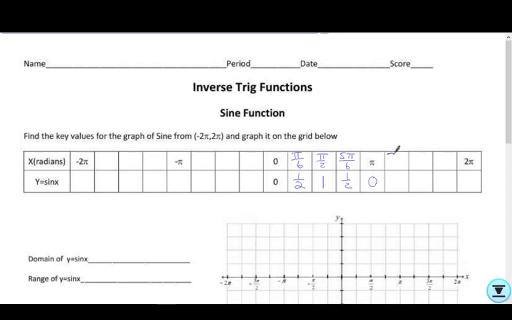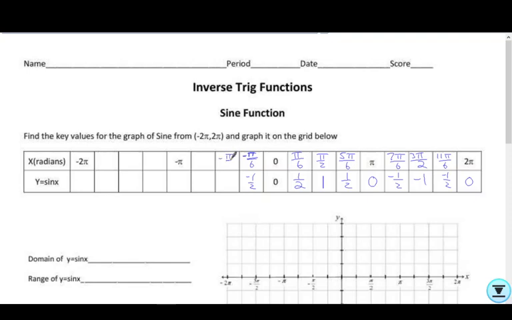So I'm going to use the pi over 6 and the quadrantals to actually come up with this chart. Okay? And I'm going to do it from 0 to 2 pi, but also from negative 2 pi to 0. And basically this side is just going to be the reflection of the other side. So at negative pi over 6, we're at negative 1/2.